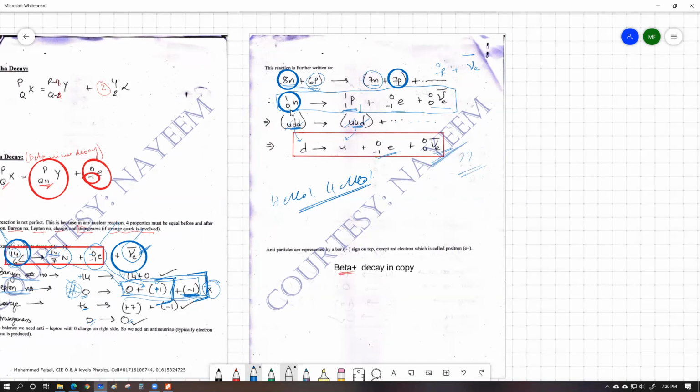So ultimately what it means is that whenever carbon 14 decays into nitrogen 14 and produces one beta particle and one anti-electron neutrino, the actual reaction is that one down quark breaks down into one up quark and also produces one beta particle and emits one anti-electron neutrino. So one down quark breaks down and creates these three things, and because of the reaction of these three things, carbon changes into nitrogen.